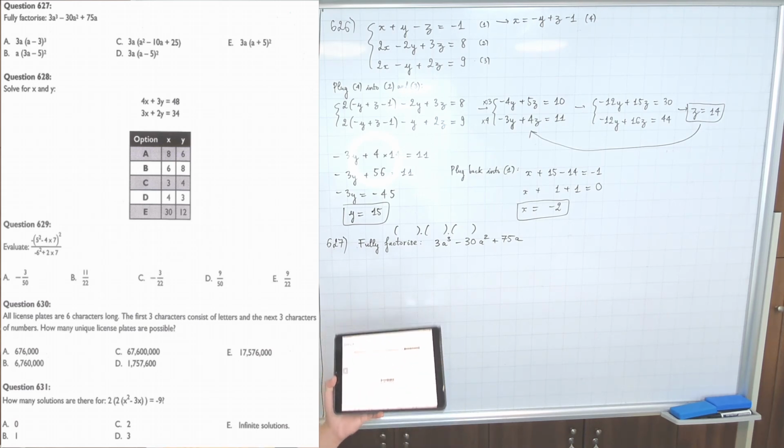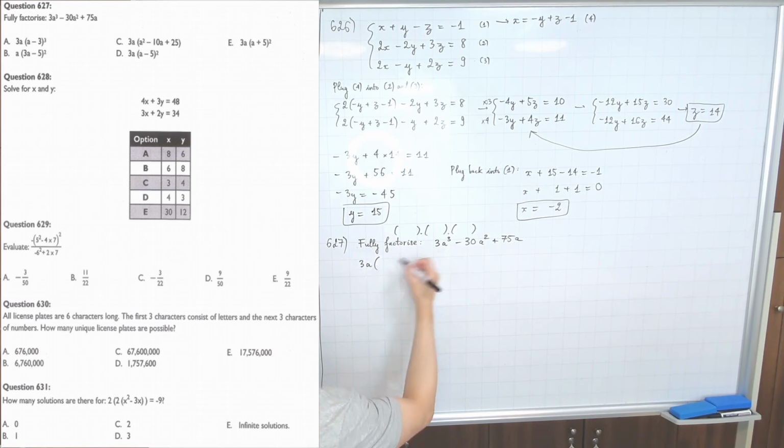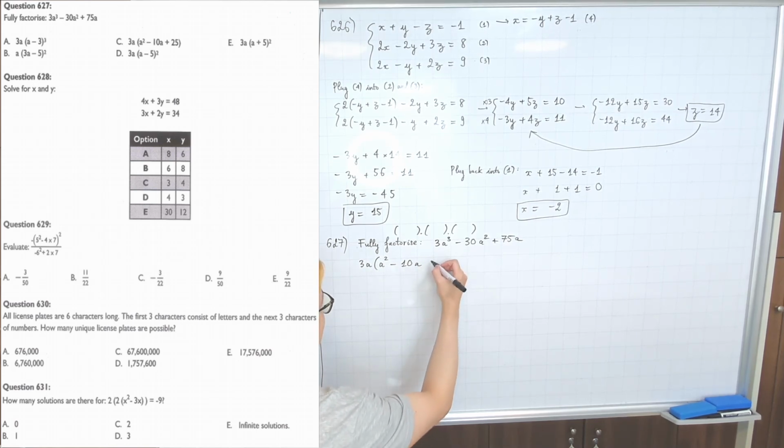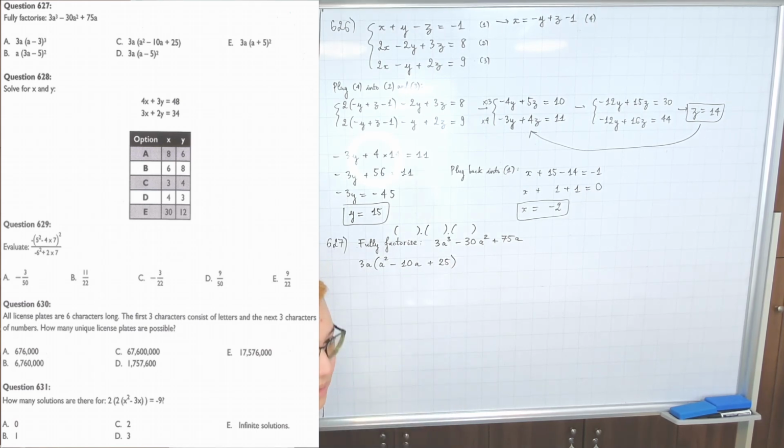So you have to factor out 3a. It's gonna be a square minus 10a, and then it's gonna be plus 25, isn't it?